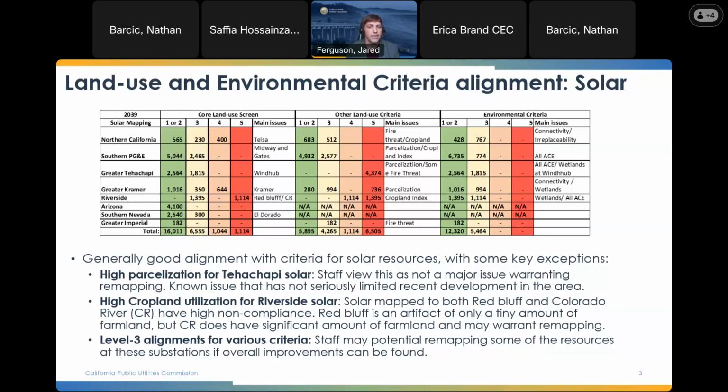And so that flag is an artifact of the way we're calculating that feature. At Colorado River, however, you do have a significant acreage of farmland that the mapping could impact, and so we are looking at assessing the potential implications and whether or not it warrants remapping.